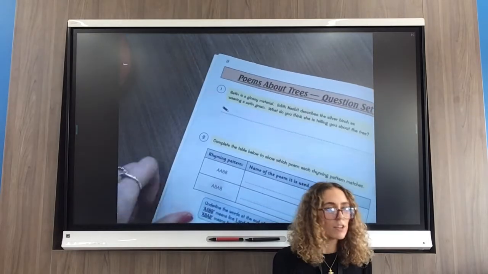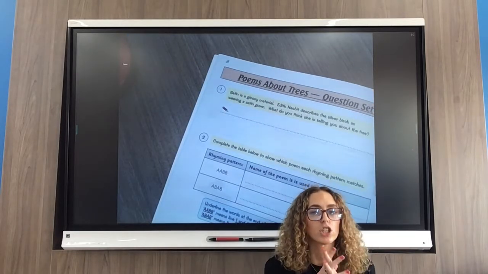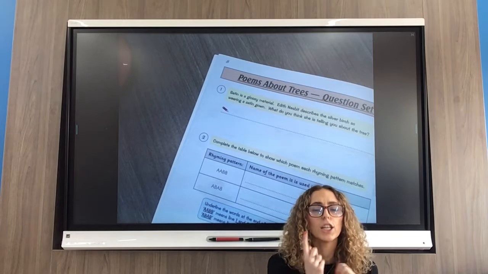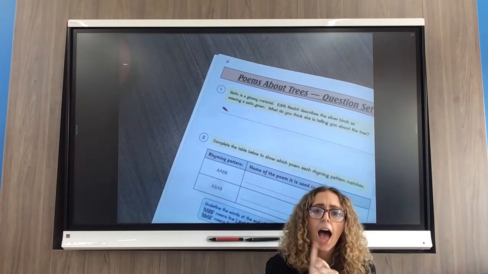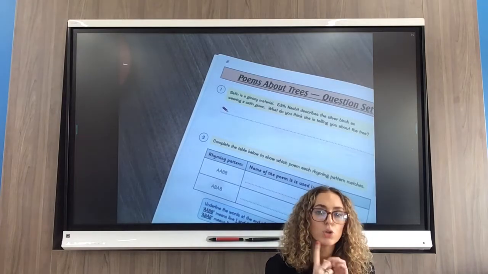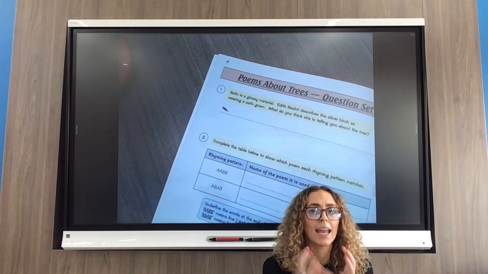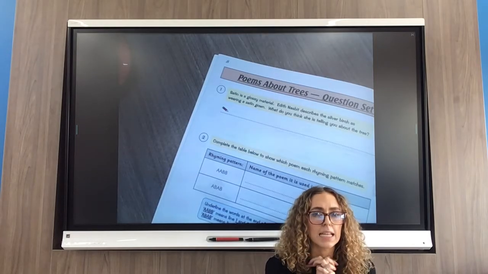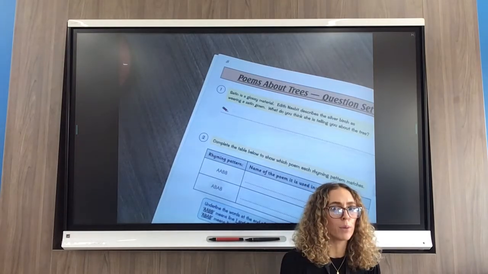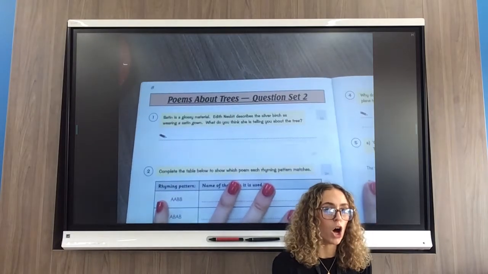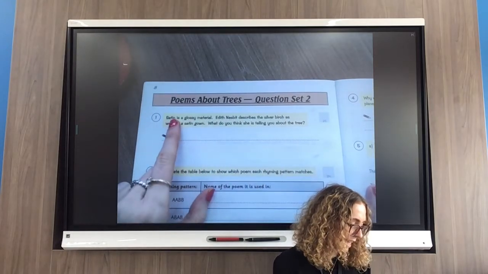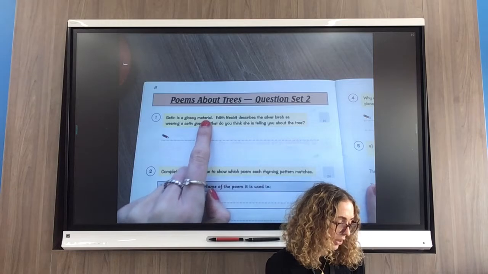Okay. And remember, what was our learning question for today? We were looking at vocabulary and why the authors use certain vocabulary to enhance its meaning. Okay. So, for our question number 1, it says satin is a glossy material.